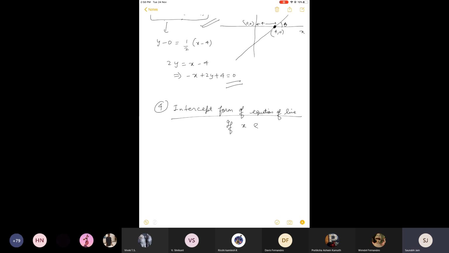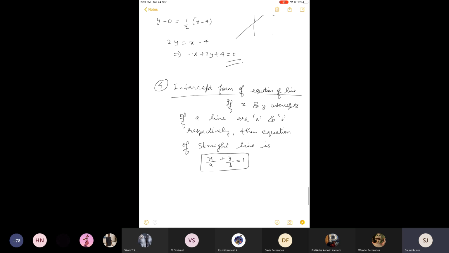If x and y intercepts of a line are a and b respectively, that means x intercept is a and y intercept is b, then equation of a straight line is x by a plus y by b equals 1. Fourth form of equation of straight line.